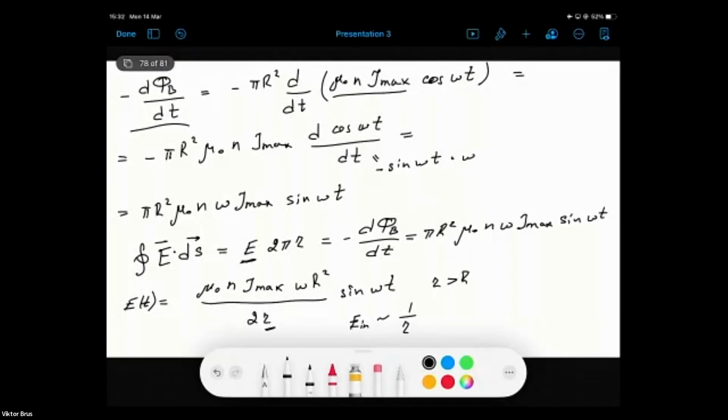Now, let us consider the second case, the internal space of the solenoid, and how the induced electric field will change there.